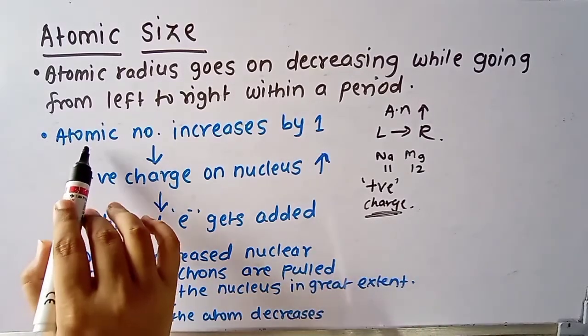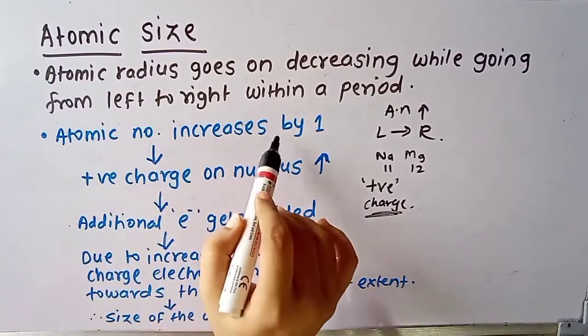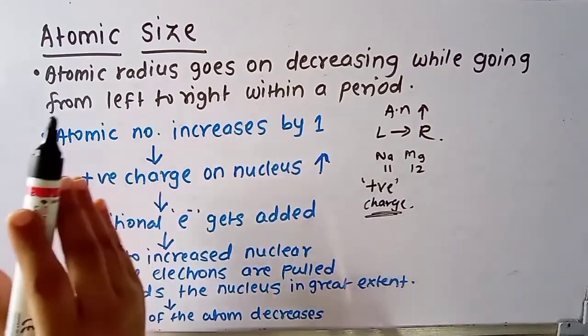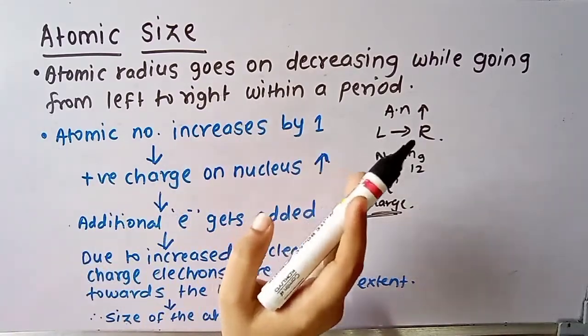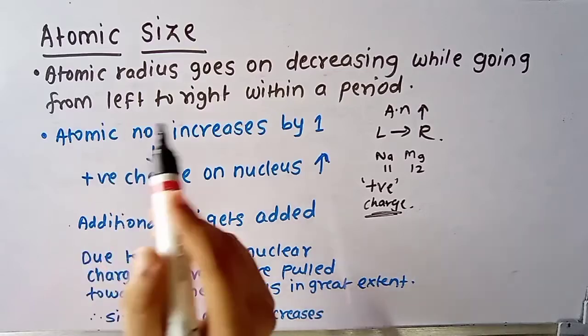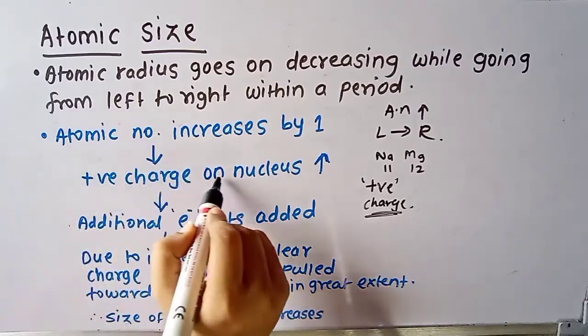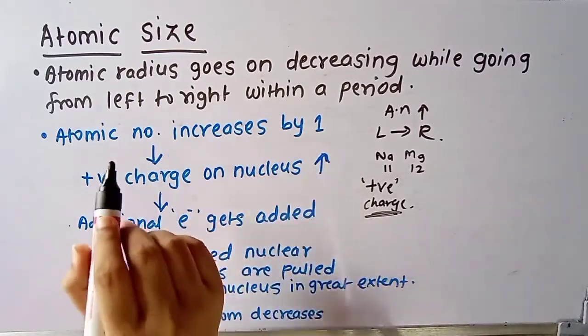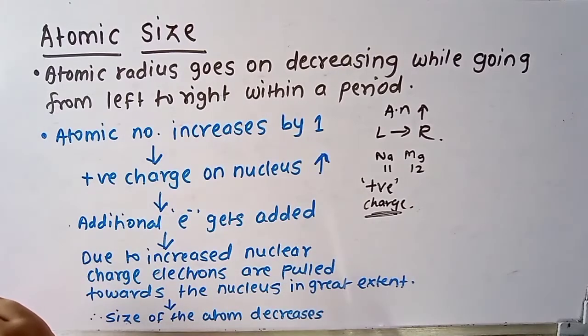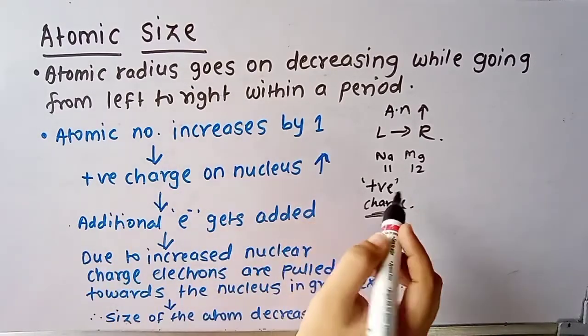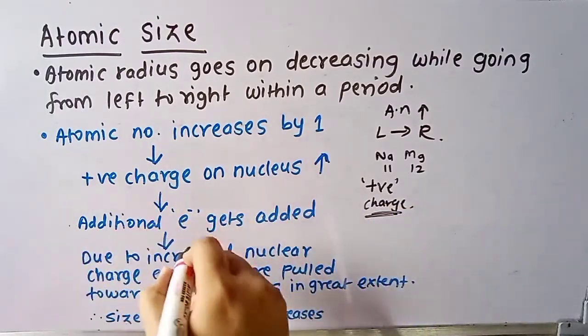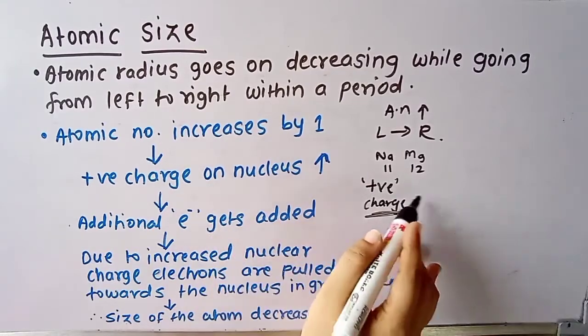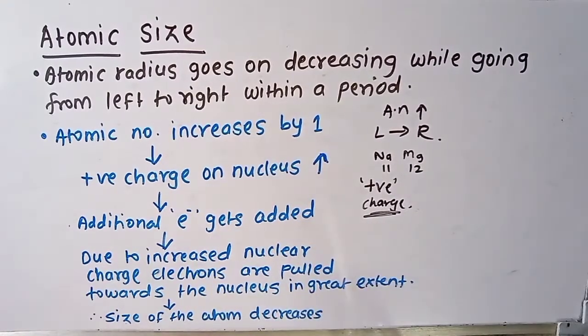See again, atomic number increases by 1 at a time while going from left to right within a period. This means the positive charge on the nucleus increases. At the same time an additional electron gets added in the outermost shell.